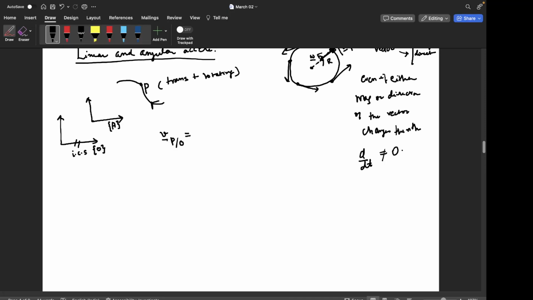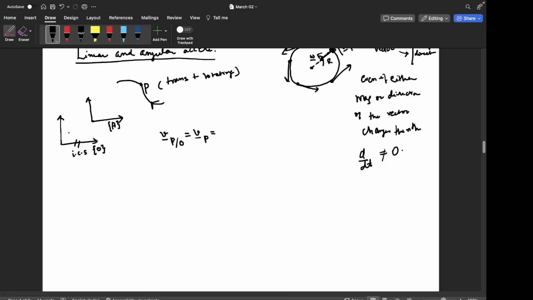So this is the velocity of point P with respect to the inertial coordinate system O. In order to avoid writing 'with respect to O' everywhere, I will write it like this. So just a notational change.